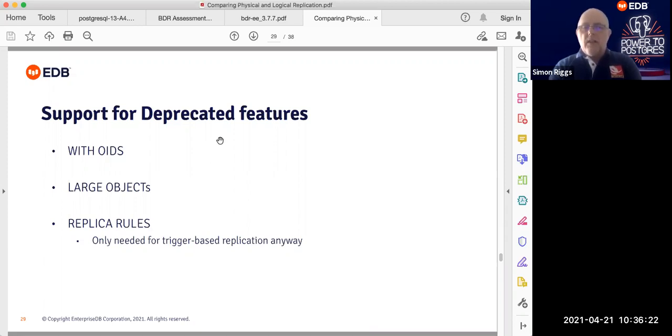Soyan is asking, does logical replication allow bidirectional replication? So the in-core logical replication does form the basis on which we build BDR, but the in-core technology itself does not support bidirectional replication.